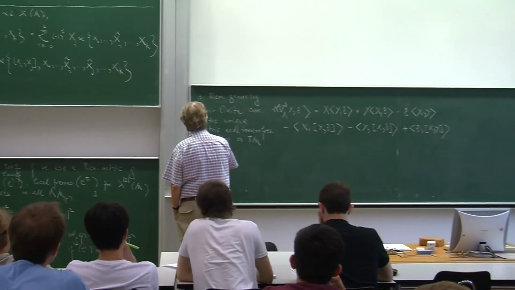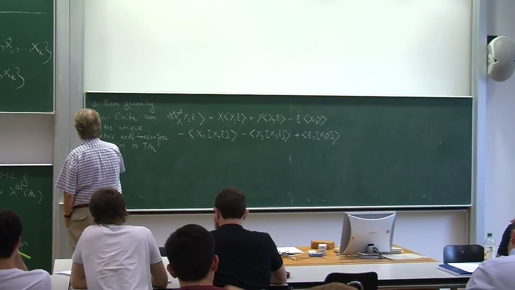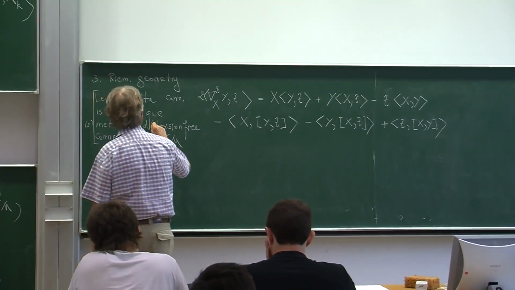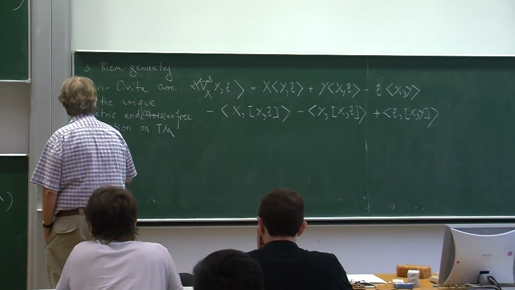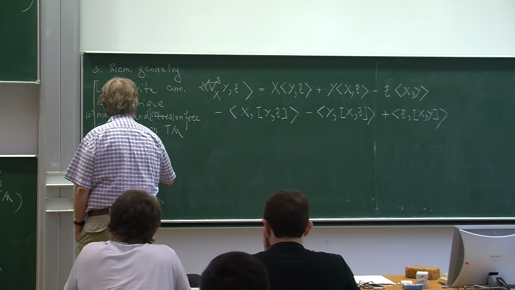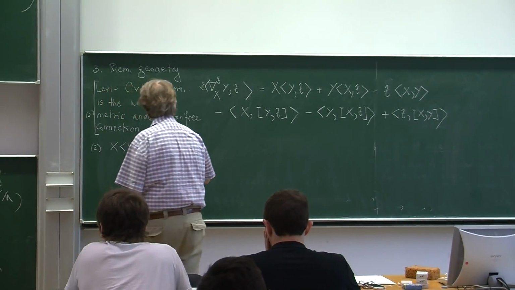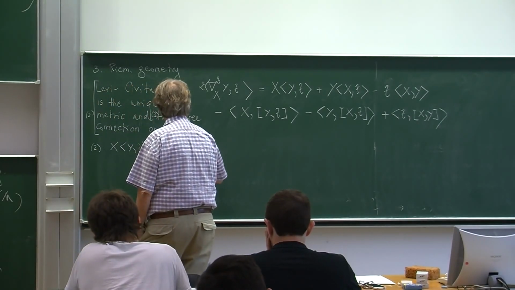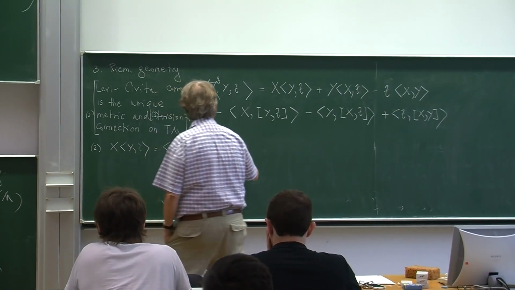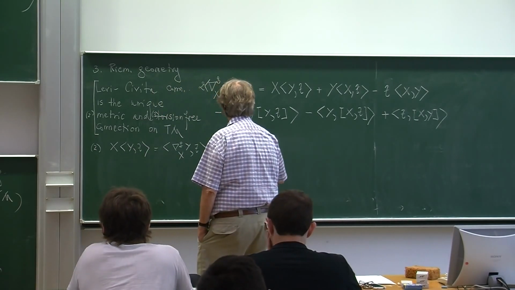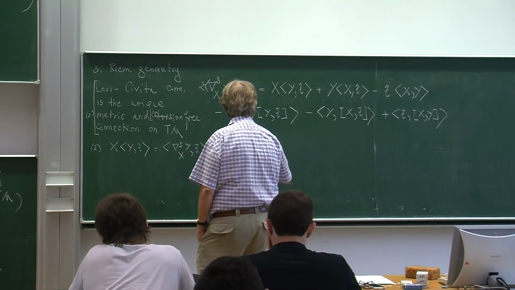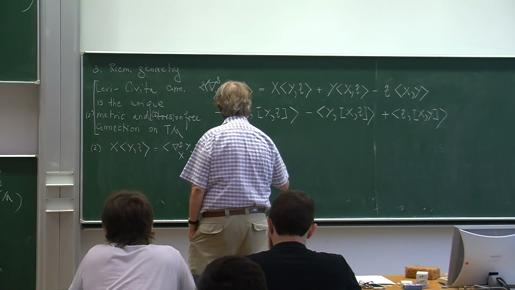And metric means, let me call this 2, and torsion-free is 3. Then 2 means that X applied to g(Y, Z) equals g(nabla_X Y, Z) plus g(Y, nabla_X Z).